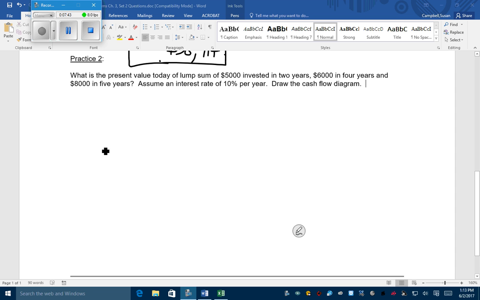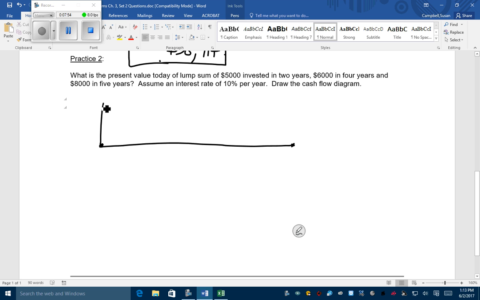So if I was to draw the cash flow diagram for this, we have a question that says, what is the present value? So right away, I know that I'm looking for a present value. And that's saying that in year 2, I'm investing, so I'll put my number up there, I'm investing 5 grand.